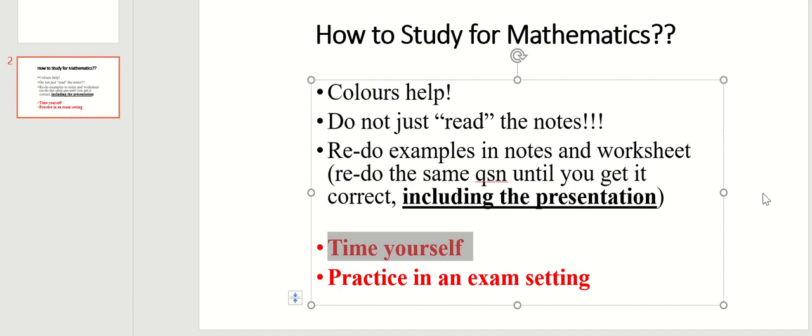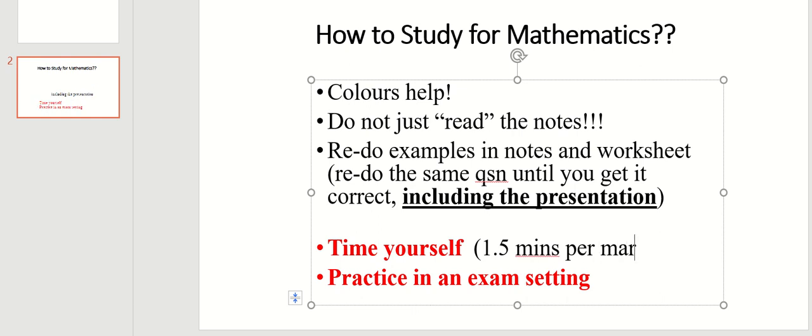There's no hard and fast rule as to how long you should be spending on a particular question, but in general it is about 1.5 minutes per mark. Means every 1 mark you should only spend 1.5 minutes. So if it's a 3 mark question, then you should be spending 4.5 minutes.